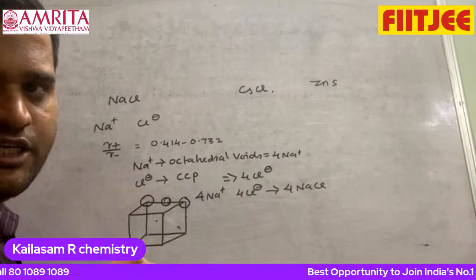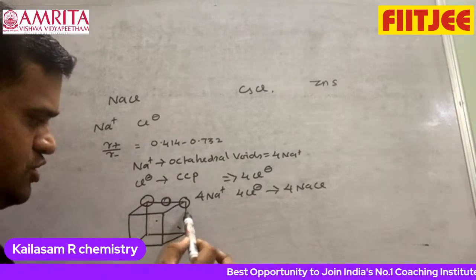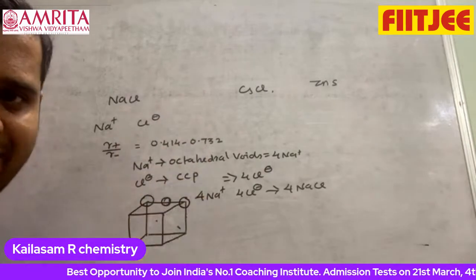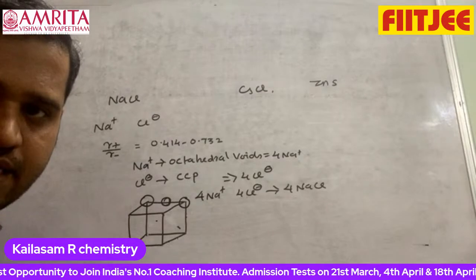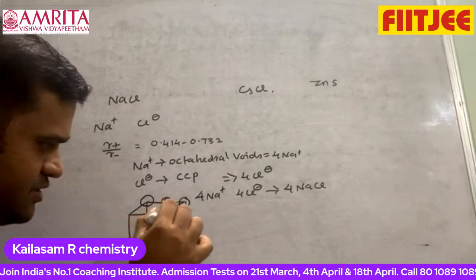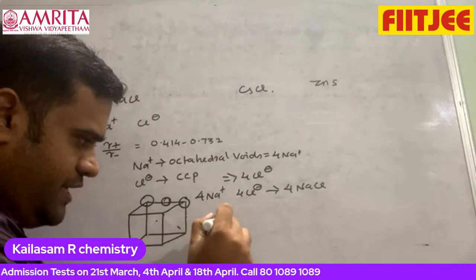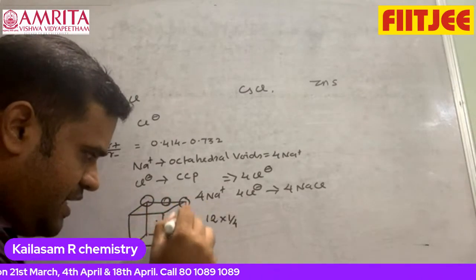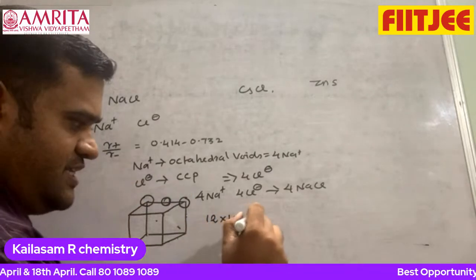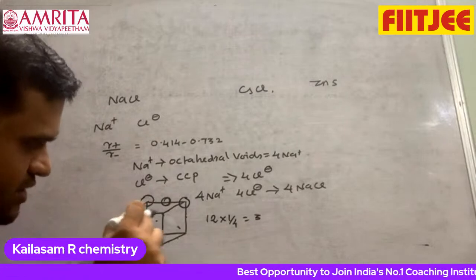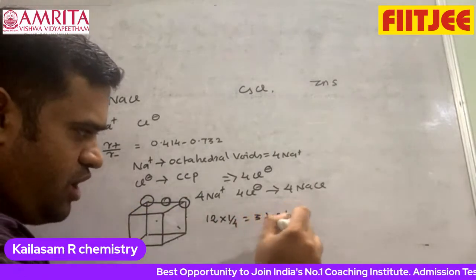How many edges are there? 12 edges. 1, 2, 3, 4, 5, 6, 7, 8, 9, 10, 11, 12 edges are there. Am I right or not? So 12 edges, which means each is shared by 1 by 4. So 12 into 1 by 4 gives 3 octahedral voids per unit cell, apart from the one at the center. Therefore 3 plus 1 is equal to 4 octahedral voids.